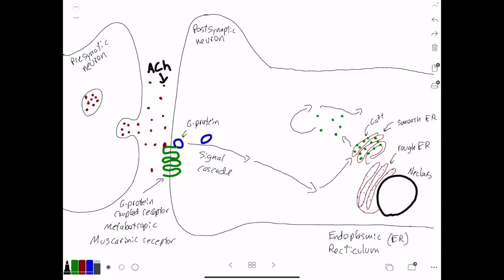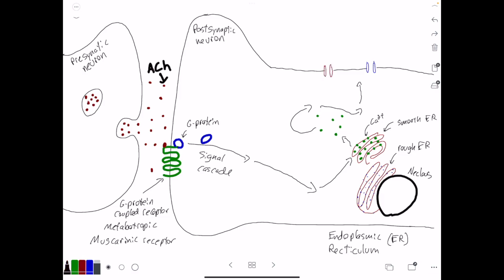So the signaling continues, and what this specific signaling cascade is going to give us is some interesting changes. I'm going to talk about these changes in generalities here and not get into the specific mechanisms, but it's going to affect two different types of channels, which I'll color code here. We'll make them red and blue.